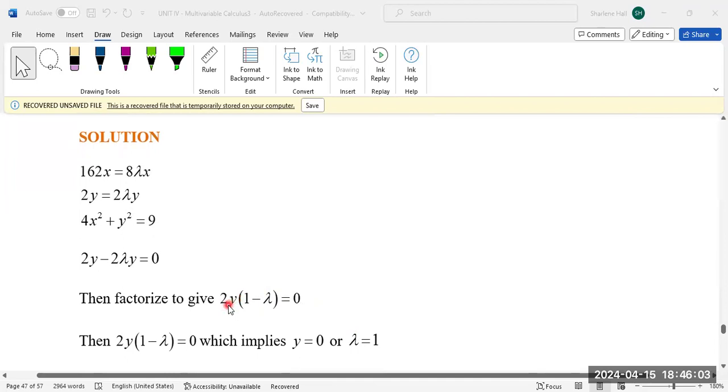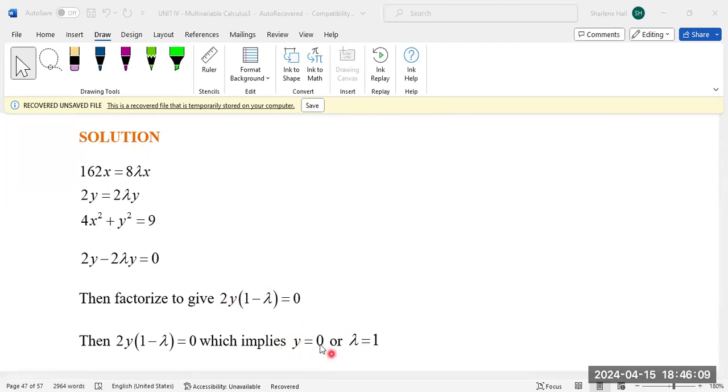If 2y equals 0, it implies that y is equal to 0. And 1 minus lambda equals 0 implies that lambda is equal to 1. Look at this and tell me if you agree so far.